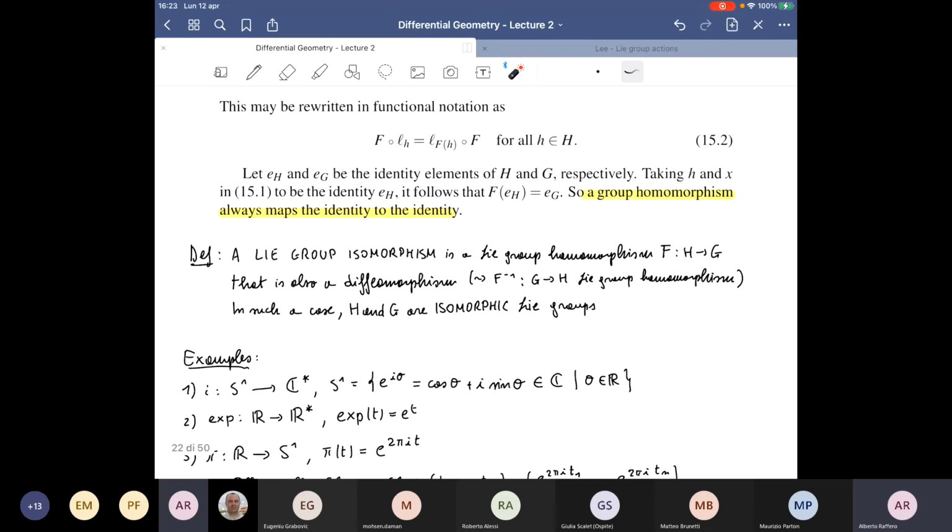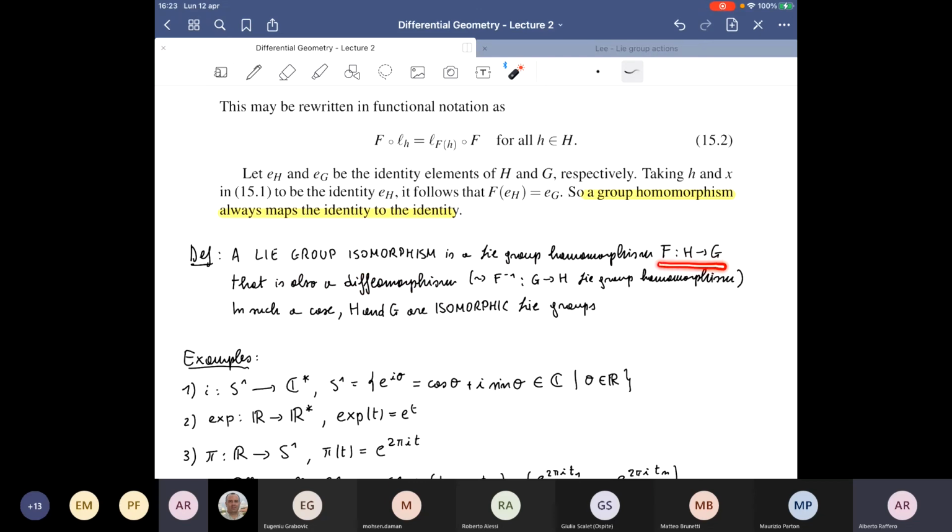Once you have a Lie group homomorphism, you can also define what a Lie group isomorphism is, so you can define an equivalence between Lie groups. I added this definition, which does not appear in the book. If you have a Lie group homomorphism, a smooth map preserving the group structure, which is also a diffeomorphism, then this is called a Lie group isomorphism.